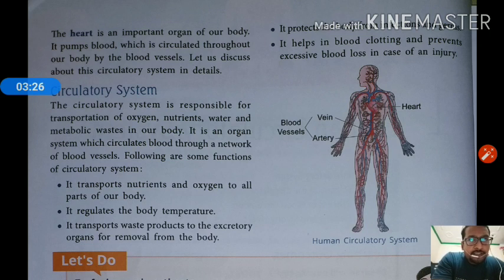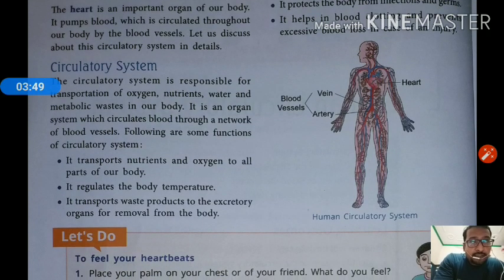So this is the next page of your book, and it shows that the heart is an important organ of our body. It pumps blood which is circulated throughout our body by the blood vessels. Let us discuss the circulatory system in detail. So this is the circulatory system, as you can see in the picture.